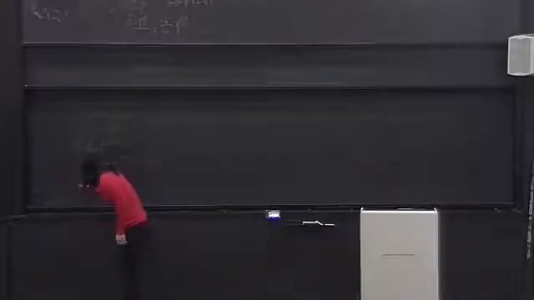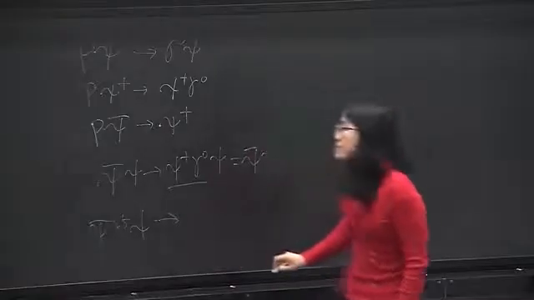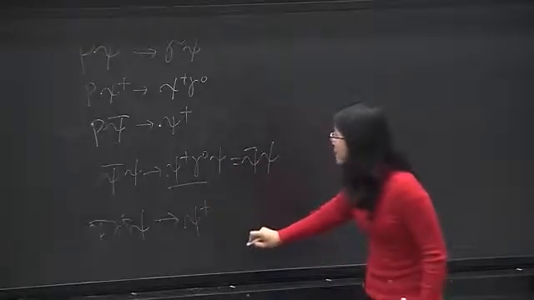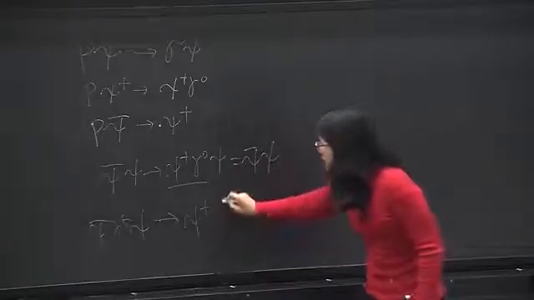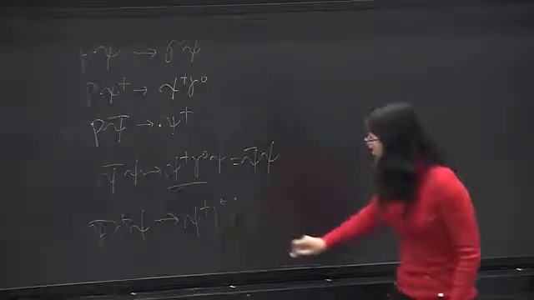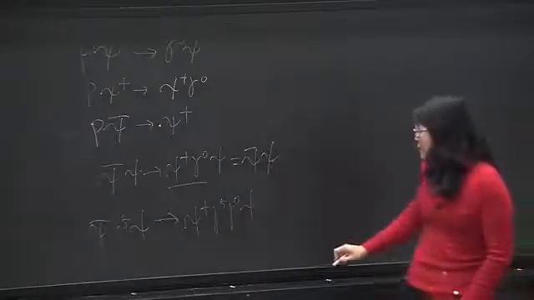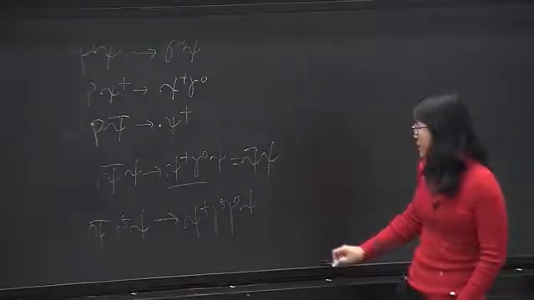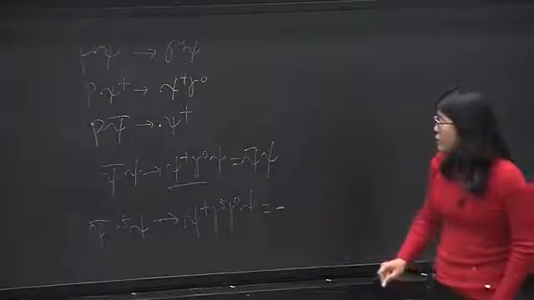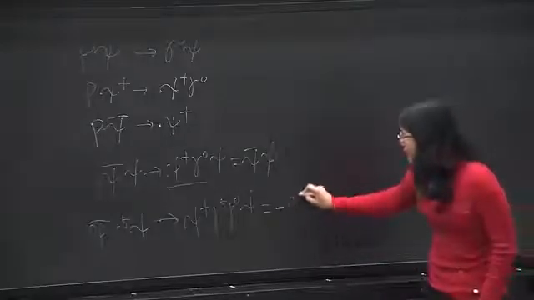Well, now let's look at the next one, which has a gamma 5 in between. So then we have the psi dagger, and the gamma 5 just sticks around. Psi goes to gamma 0 psi. And now we need to swap things to get the psi bar back. And when we swap, we pick up a minus sign.